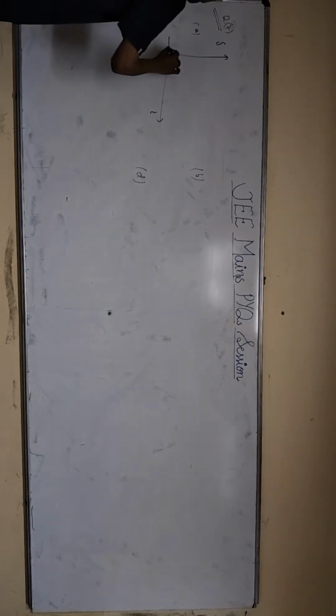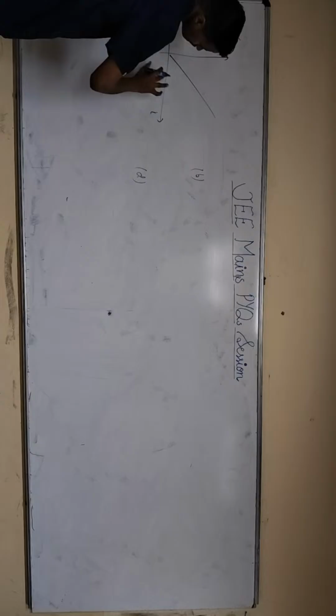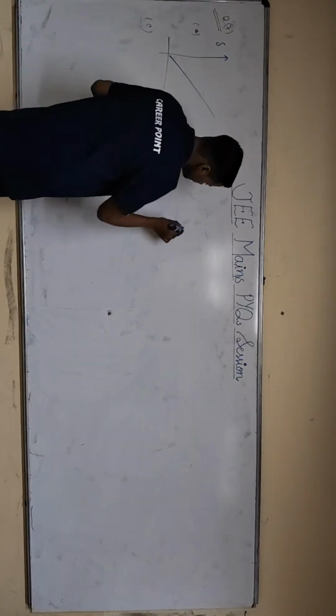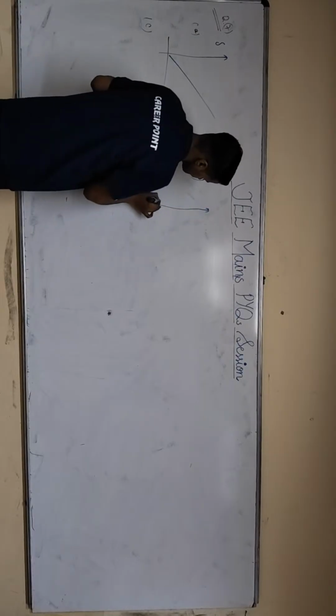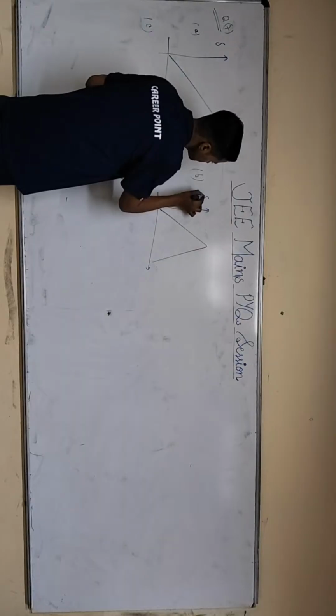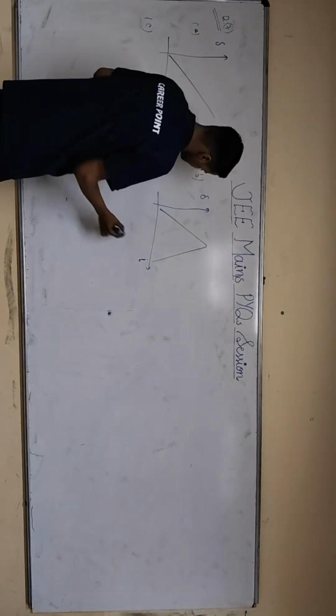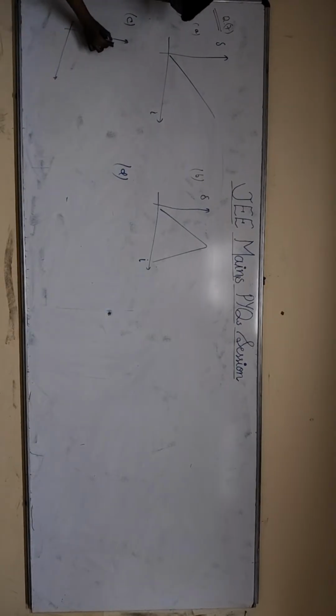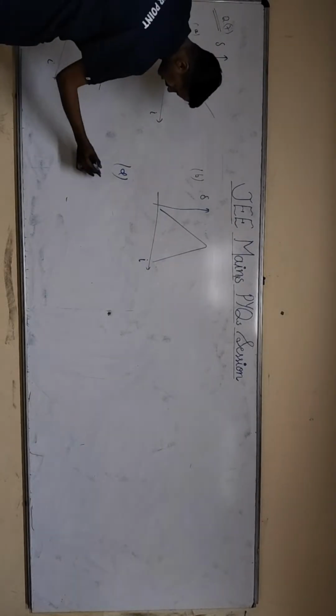The first graph is a straight line graph. The second graph is like that. Your third graph is like a straight line, and your fourth graph is like that.